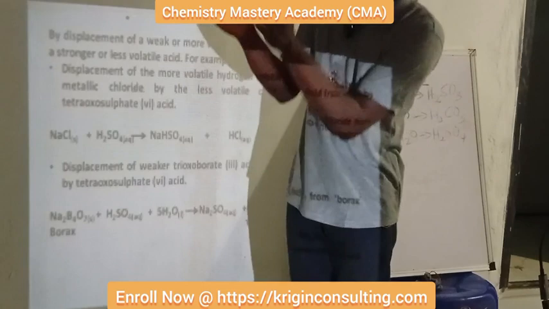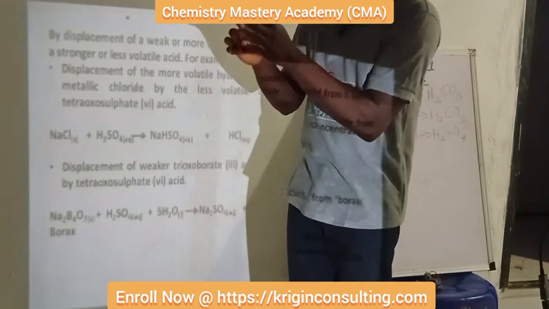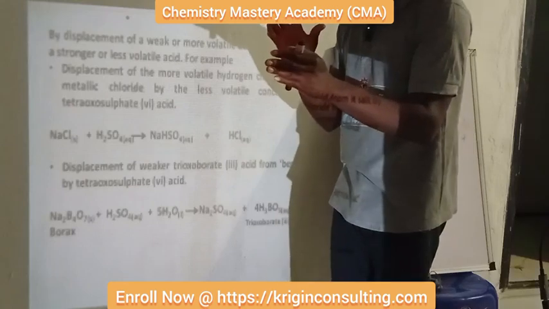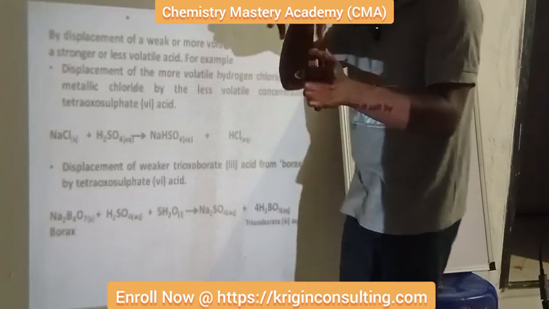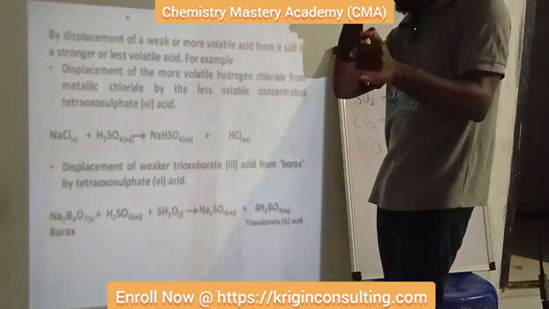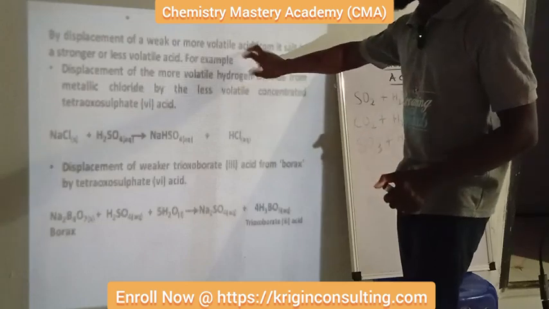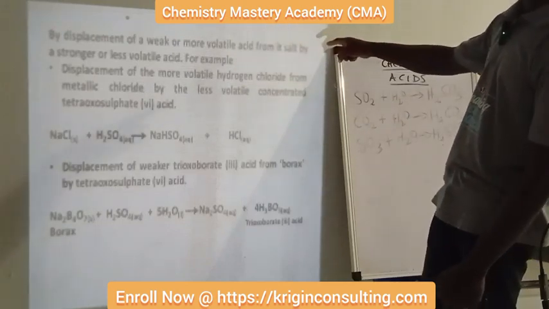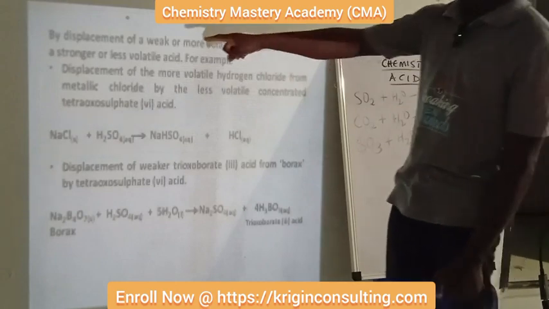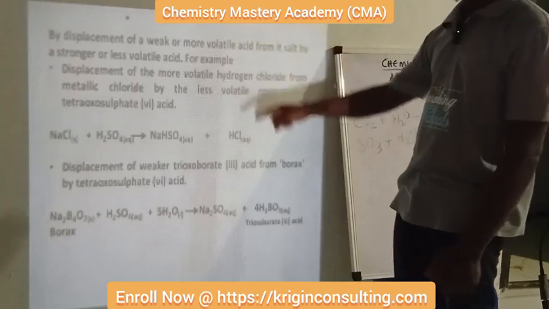That salt that's formed, you can take through a process to extract the acid that is in it. That's what this particular one is talking about: displacement of a weak or more volatile acid from its salt by a stronger or less volatile acid.